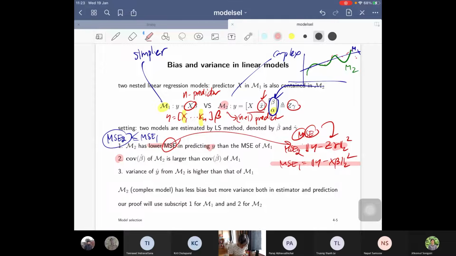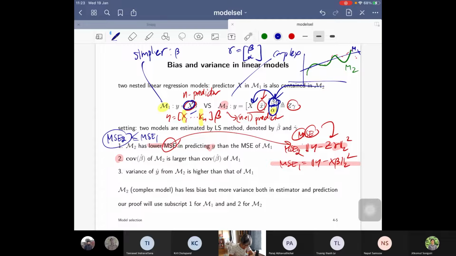In these two models, in M1 the coefficient is beta. But for M2, the regression coefficient gamma can be partitioned into two components. The first one is the same component as beta here, because it is multiplied with x, the same set of predictors as model 1.